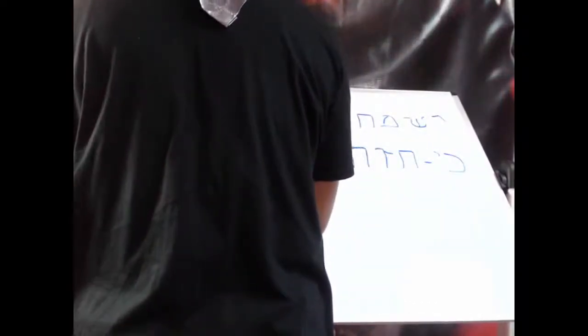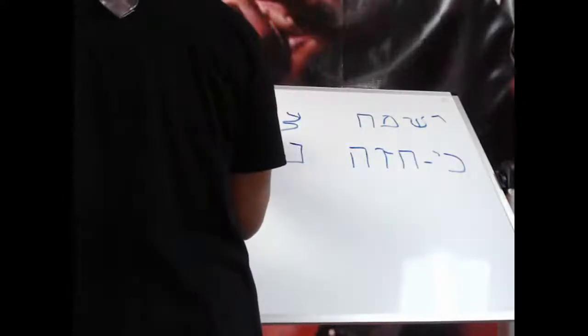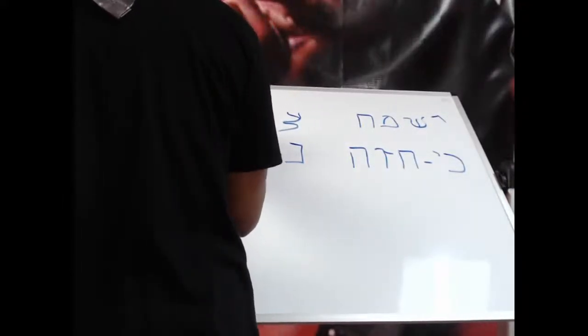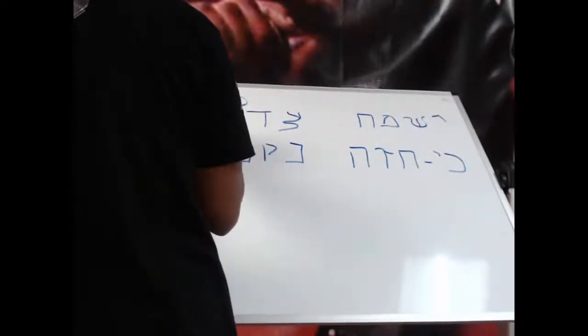So now, if you can, turn with me. Turn, if you have your swords with you, let's look in the book of Psalms. Let's look in the book of Psalms. Okay? And let's go to chapter 58.